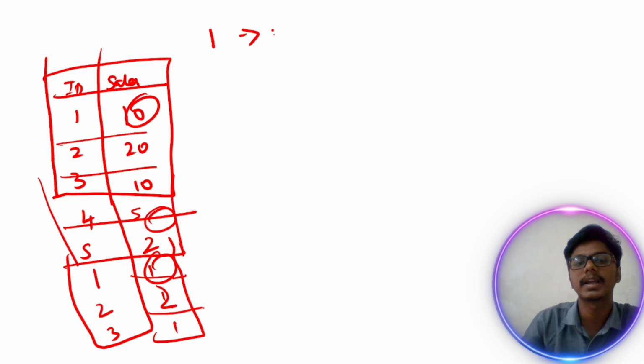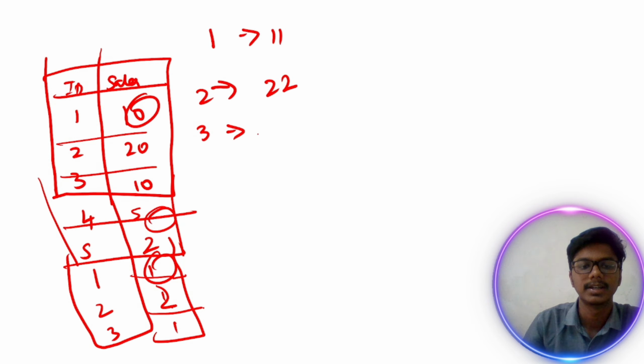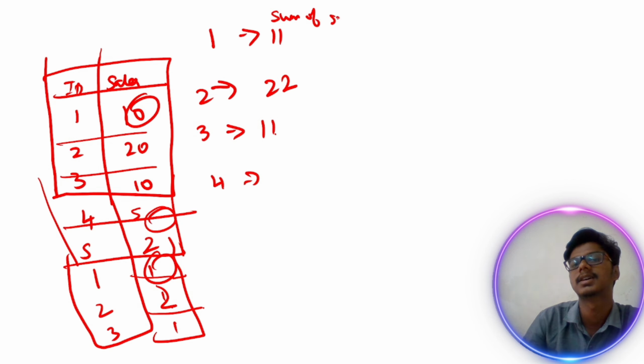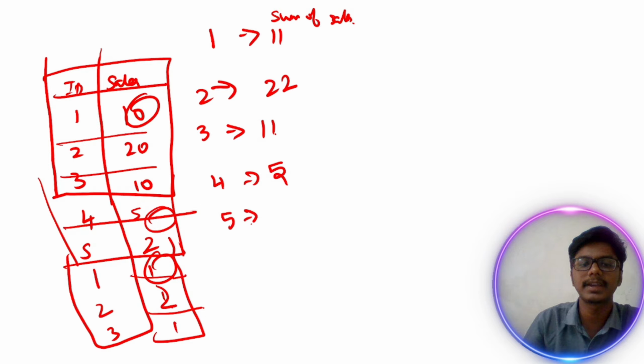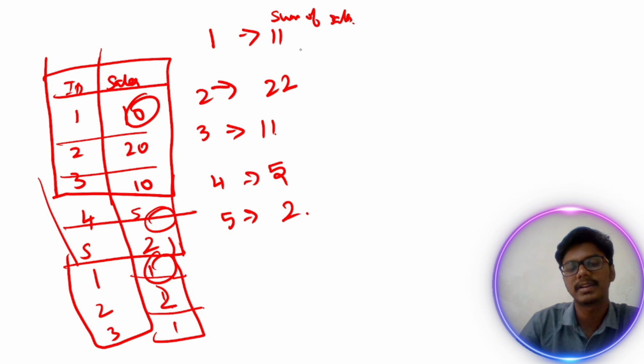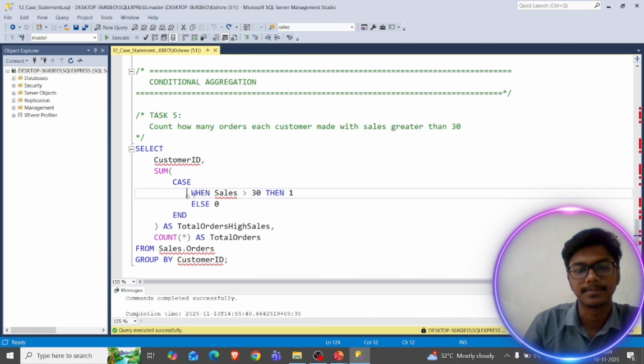Customer's ID 2 has 20 and 22, and customer's ID 3 has 11. And for customer ID 4, the sum of the sales. I'm just creating the sum of the sales. Customer's ID 4 comes with 5, and customer's ID 5 comes with 2, I think, right? So this is what happens here. We are grouping by the customer's ID. When the sales is greater than 30, I just want to print it as 1.